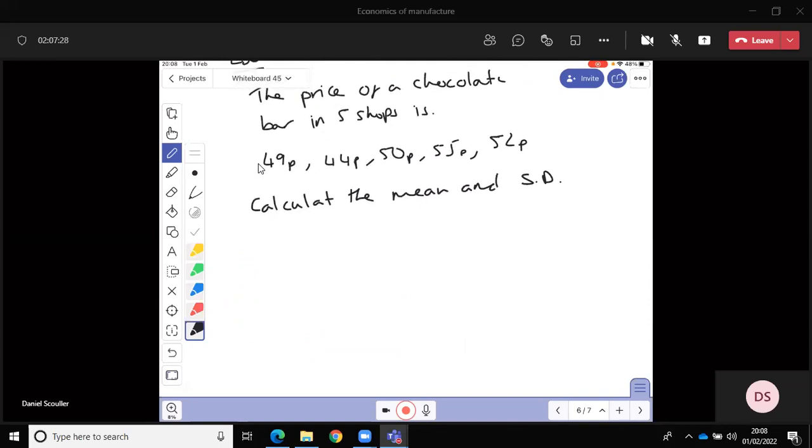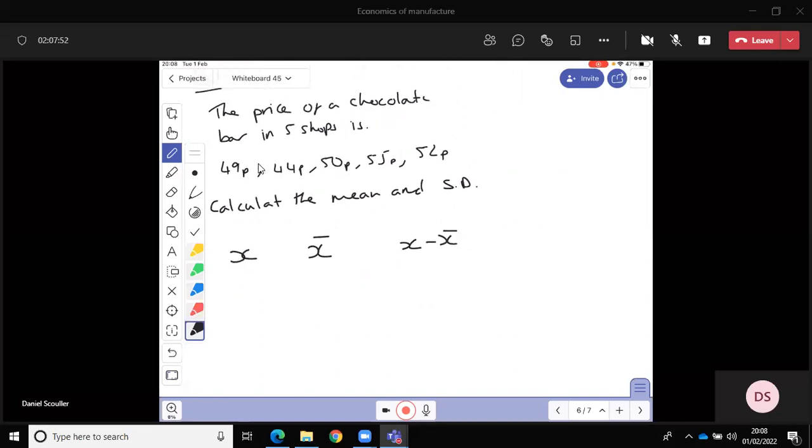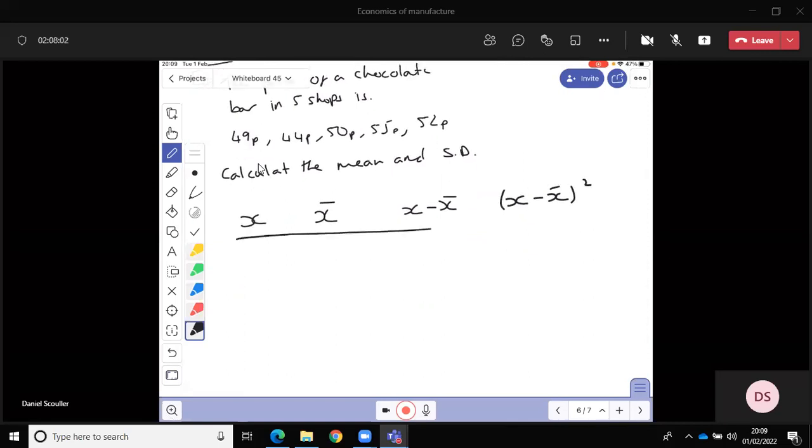Okay, so step 1, I told you to just create a table. The 4 headings are x, which is just each of your numbers. The second heading is x bar, that's just your mean. The third column will be that number minus your mean. In the fourth column, it's just the number found in column 3 squared. So your 5 numbers, you just list.